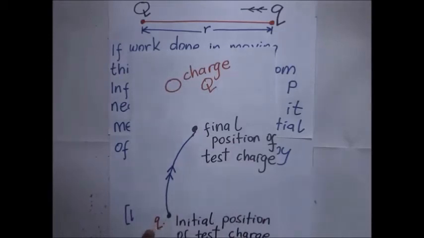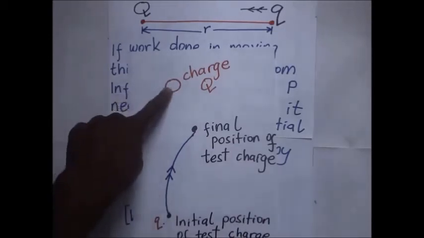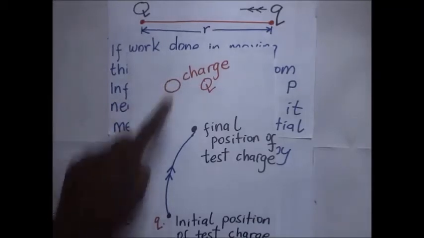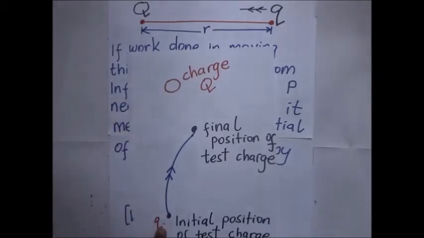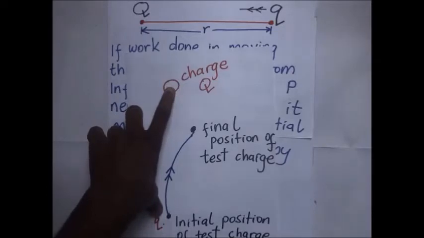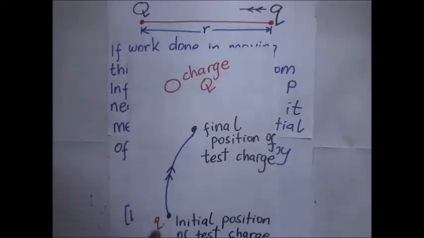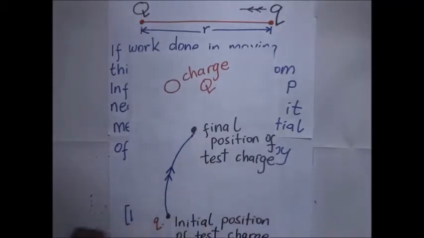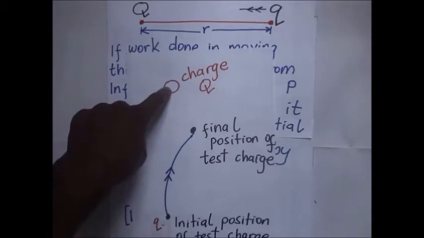Now, if this test charge is positively charged, and this charge Q is also positively charged, it means that bringing these two charges together, they will be repelling each other, because this is positive and that is positive. Meaning, for us to be able to move this test charge from this point to that point, we will have to do work against the repulsive forces of these charges.